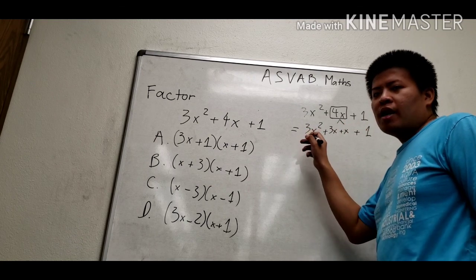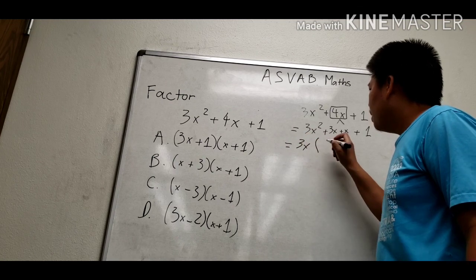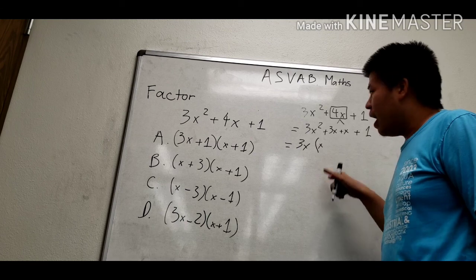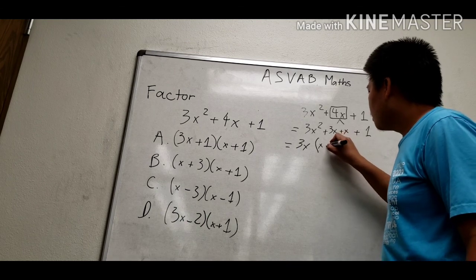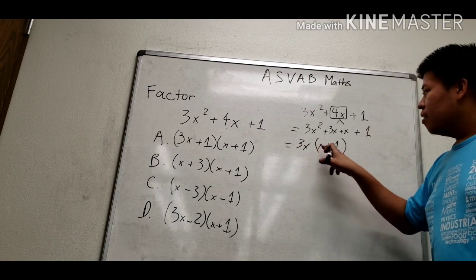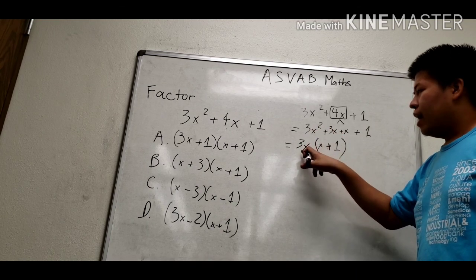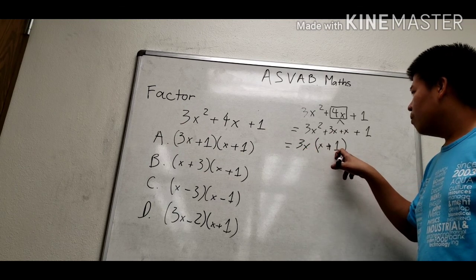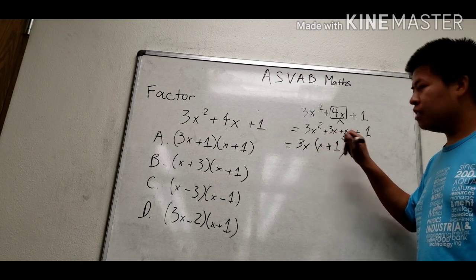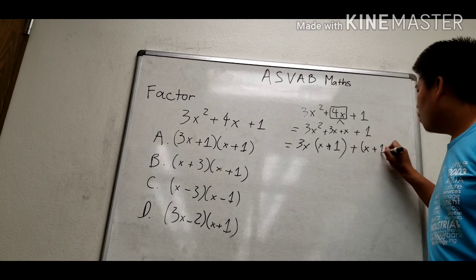In here, we can do 3s plus over the bracket s plus 1, because 3s multiplied with s is about 3s power 2 and 3s multiplied with 1 is about 3s and s plus 1 in here.